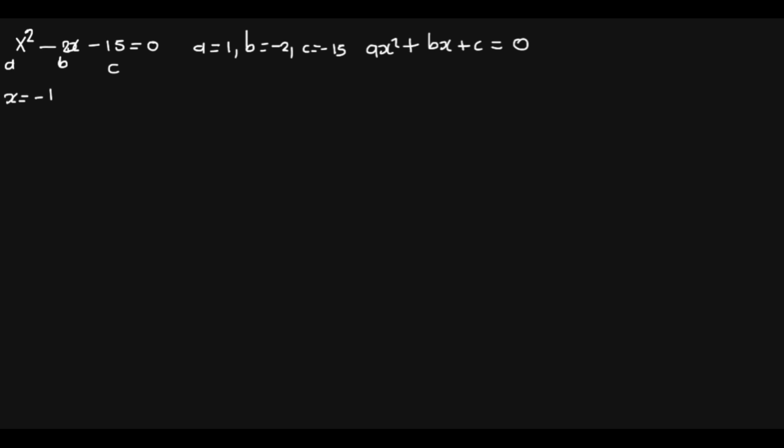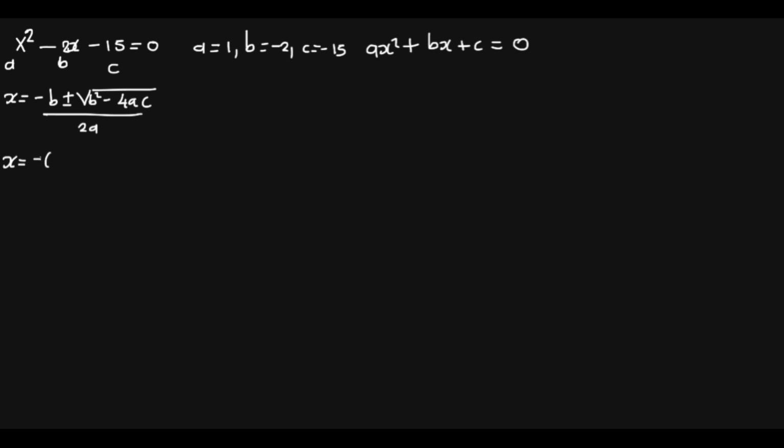So we can now proceed by applying the formula. x is equal to minus b plus or minus the root of b squared minus 4ac, divided by 2a. So we can now substitute.